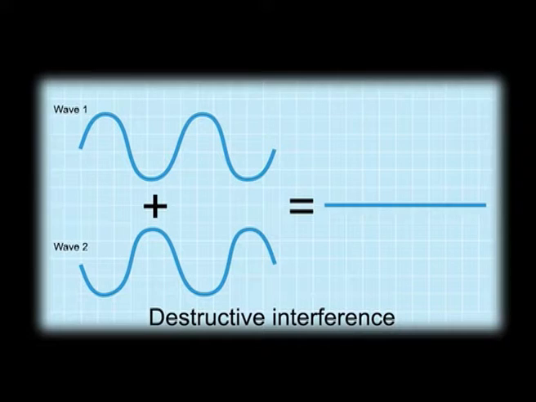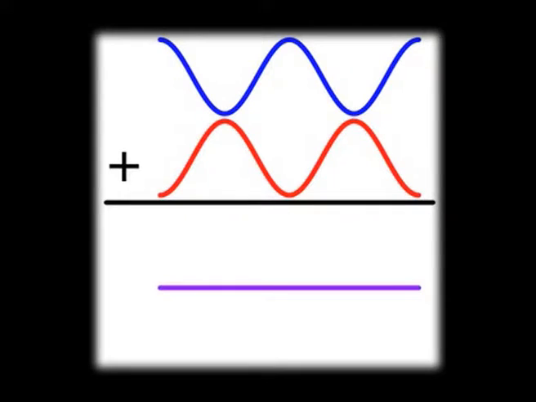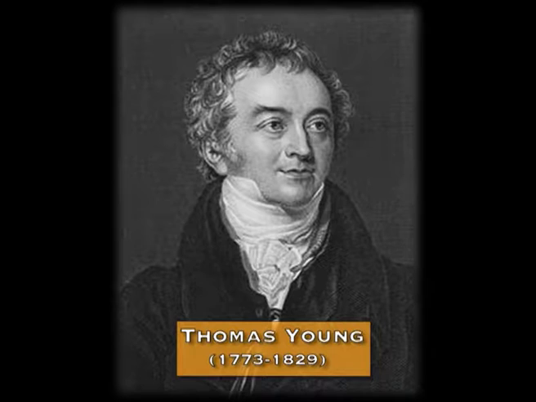If two waves are out of phase by lambda by 2, which is half of the wavelength, then destructive interference may happen, due to which you may not see any light emanating.